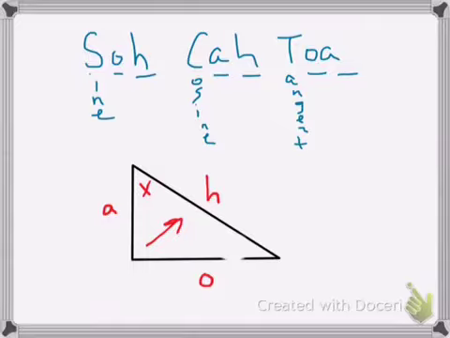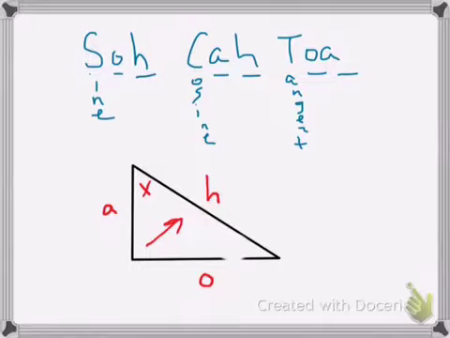So that's how the relationships work: the sine is the opposite over the hypotenuse, the cosine is the adjacent leg over the hypotenuse, and the tangent is the opposite leg over the adjacent leg.